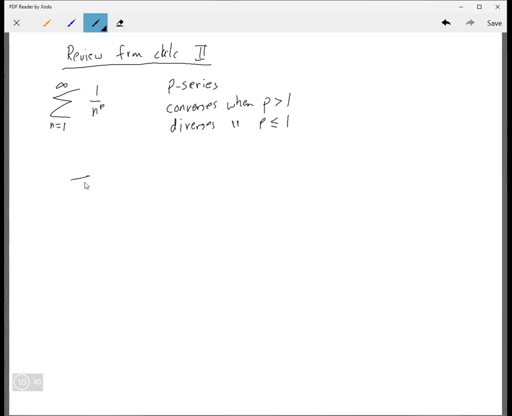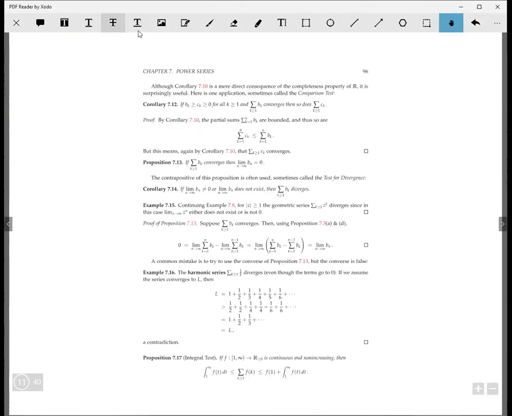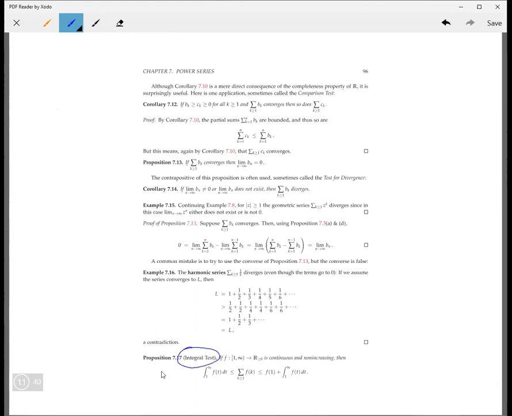And if you have this series in particular, 1 over n, what does this one do? It is divergent, and it's called the harmonic series, because it's a special case of the p-series where p is equal to 1. And you can get the p-series by applying the integral test.